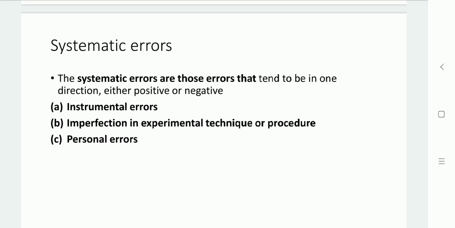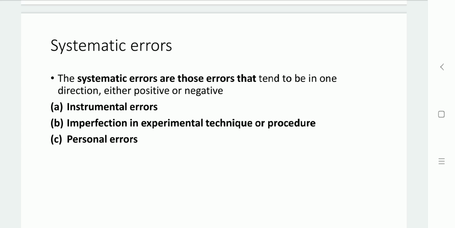For example, with the vernier calipers, while taking the reading, to check the proper alignment of the zero scale with the fixed scale, we have to look at it from the top. But instead of focusing properly, if we read it at some angle, then the measured value can be different.